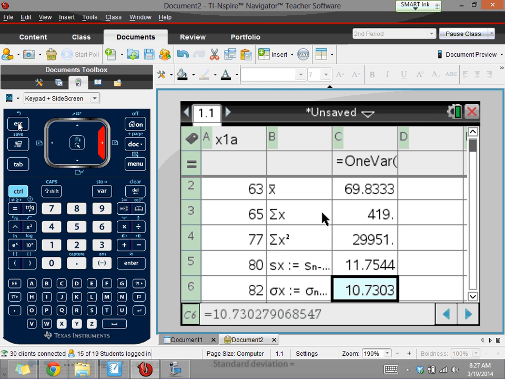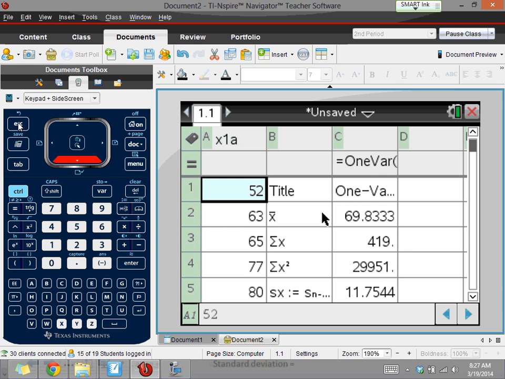All right, so do it by hand. Do menu statistics. There's one more way to do this.